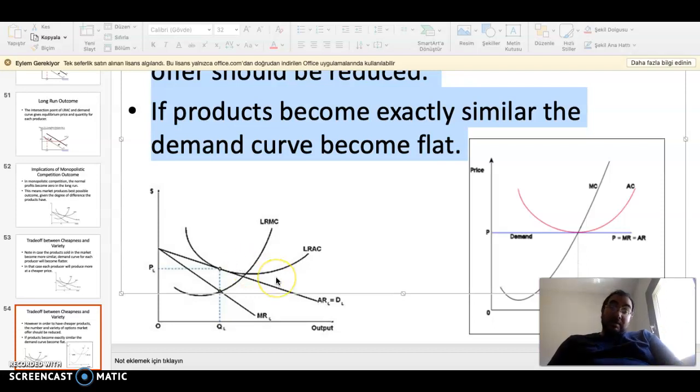So, as you see, this is the imperfect competition market. With perfect competition, we increase our quantity and we also decrease our price. So can we say the perfectly competitive market is superior to imperfect competition? Maybe, maybe not.